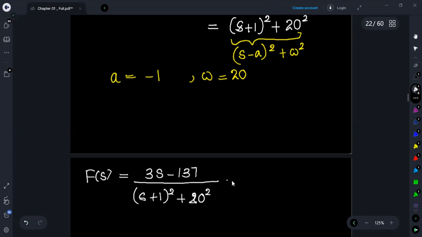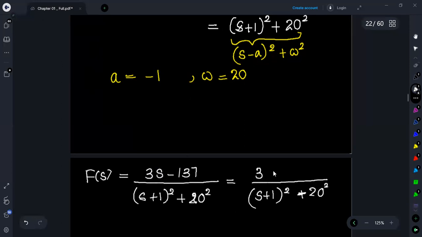And then we can rewrite the numerator. Since in the denominator there is an s plus 1 term, if we convert the term in the numerator also into s plus 1 terms, then we can use the expressions that we have obtained earlier. To do that, we are going to expand this expression.